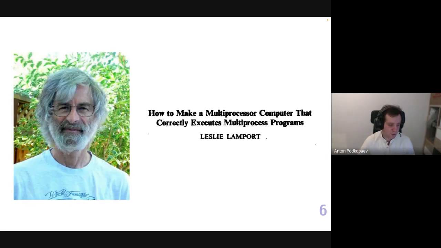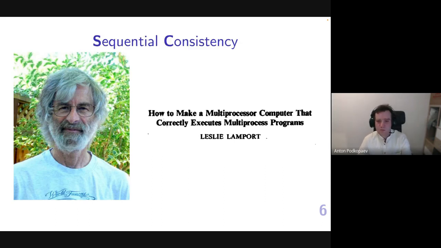The first memory model, and the most famous one, was proposed by Leslie Lamport in his paper in 1979. The paper was called "How to Make a Multiprocessor Computer That Correctly Executes Multiprocess Programs." From the title, it looks like there was already an answer to the problem, and this answer is called sequential consistency.